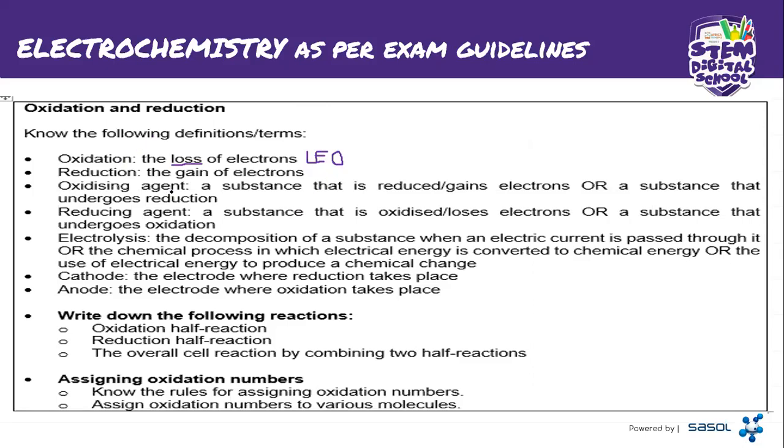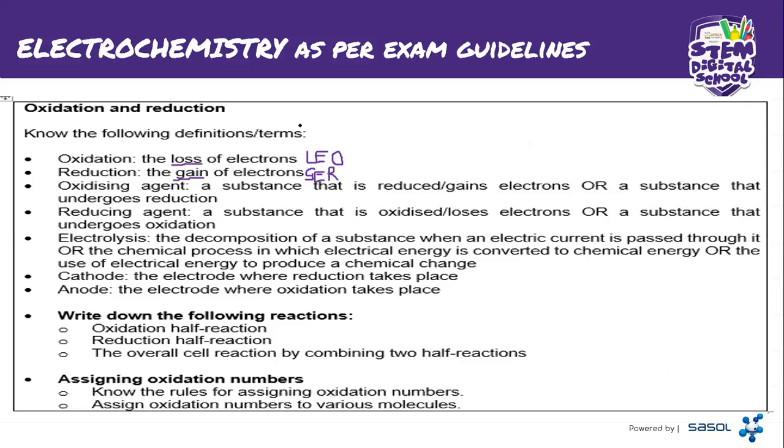And then we know we also have reduction, which is the opposite of oxidation. So the gain of electrons, that is what we refer to as reduction. So you can use the code GER, G-E-R, which tells us that the gain of electrons is called reduction.